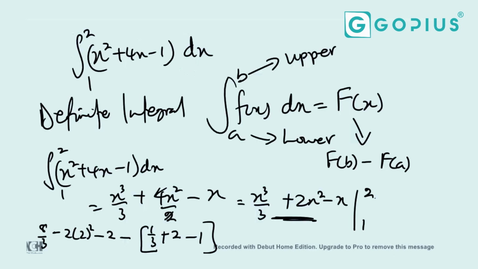On the next screen now we have 8 over 3 plus 8 minus 2, minus, substituting 1 now, 1 over 3 plus 2 minus 1.